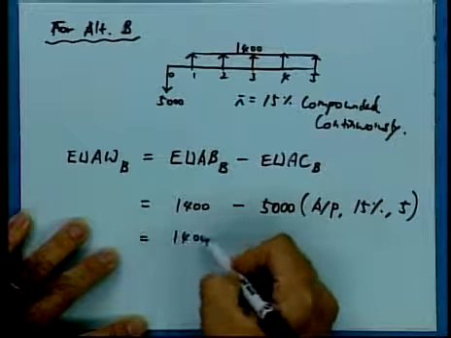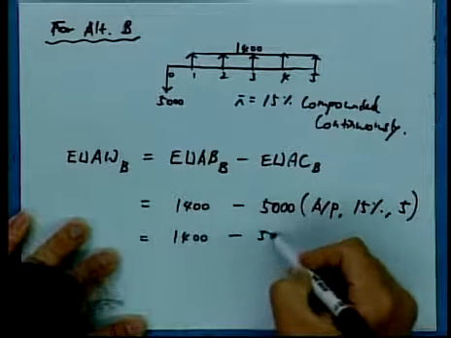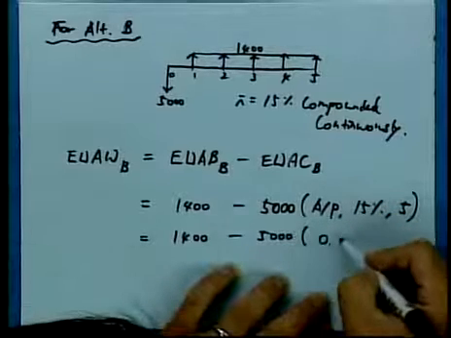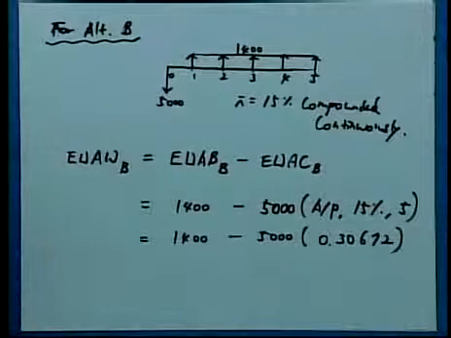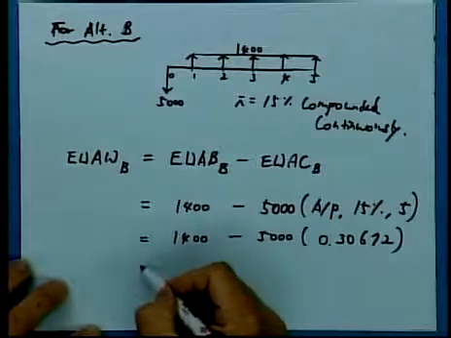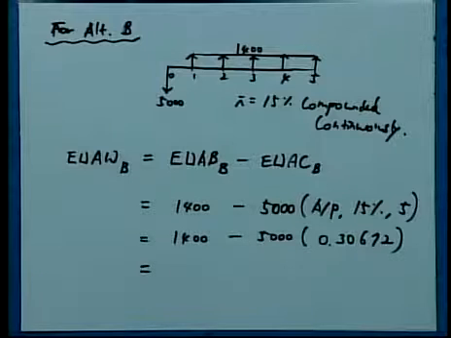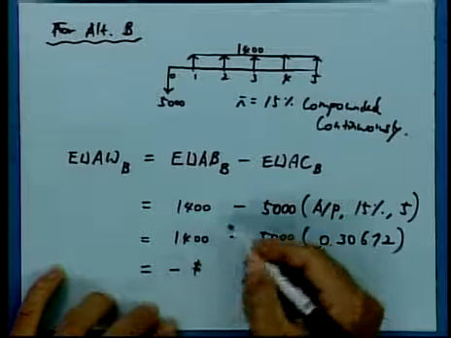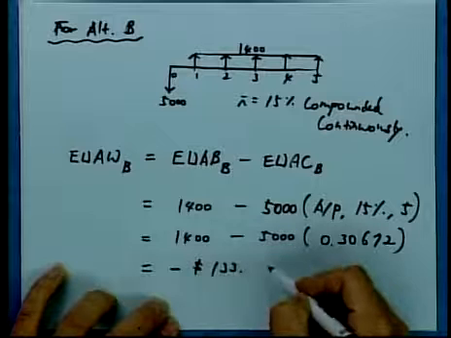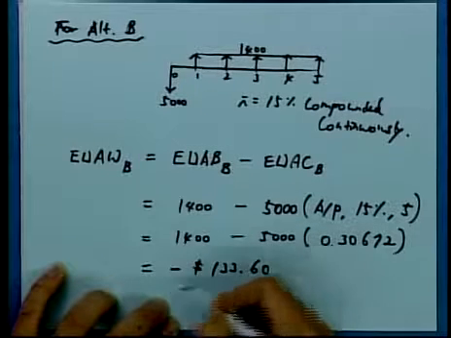So this number should be 1,400 minus 5,000 times 0.30672. How much is this? We have another negative number here, which is negative $133.60.